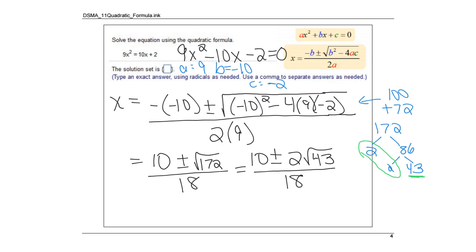Okay, but now what we're going to do is look at these 3 numbers, and if we can reduce them by something that's in common to all of them, then we will do that. It has to be common to all 3 of them. All right, so of course, we could divide all of them by 2, right? If we do that, we get 5 plus or minus the square root of 43 all divided by 9.